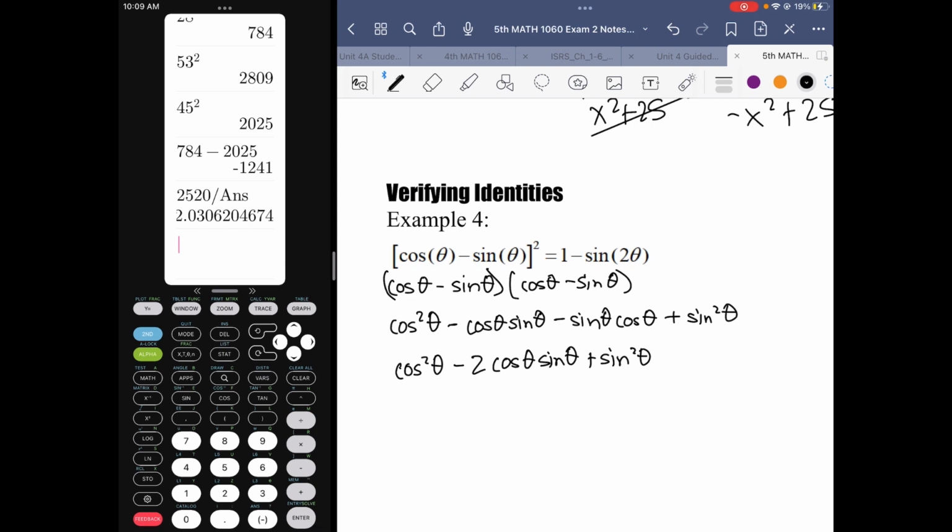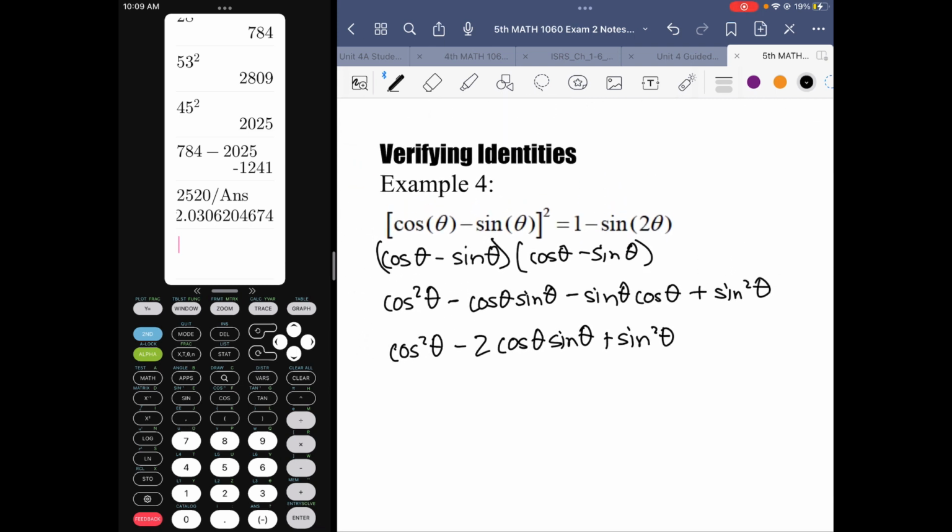Now, if we switch the order of this a little bit, we can say cosine squared of theta plus sine squared of theta minus 2 cosine of theta sine of theta. Now, of course, you're allowed to do that as long as you take the plus with the sine and keep the minus with the 2 cosine sine. Okay. But this is 1. We know that's 1.